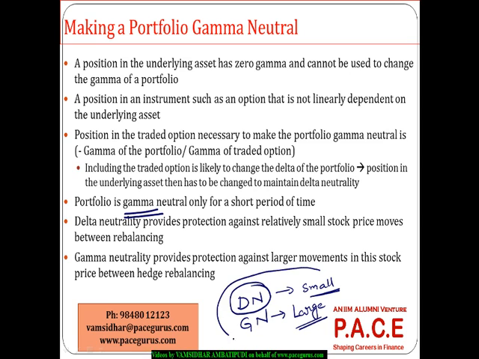Which means when I put my portfolio to both, the rebalancing that is required is very, very rare. I can do the rebalancing not that heavily, because my portfolio is being protected against both the small changes in the stock price as well as against the larger changes. That's the advantage of making the portfolio both delta neutral as well as gamma neutral.